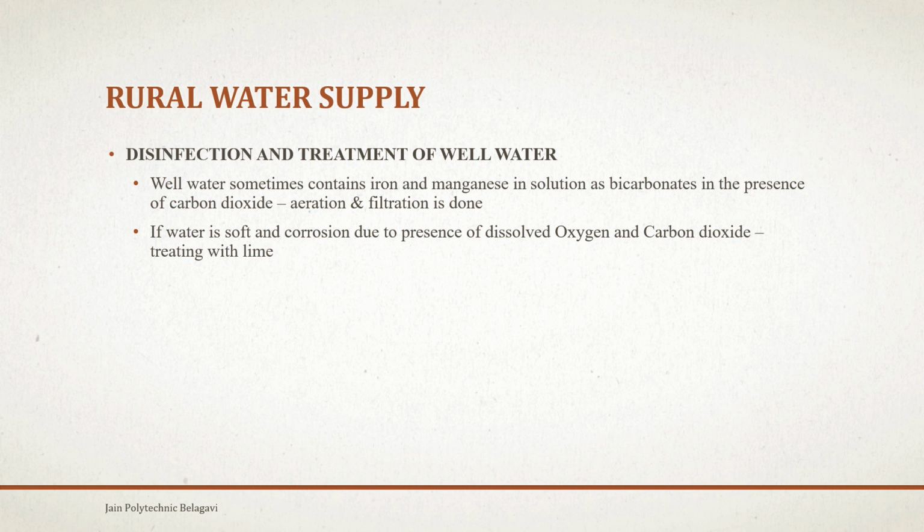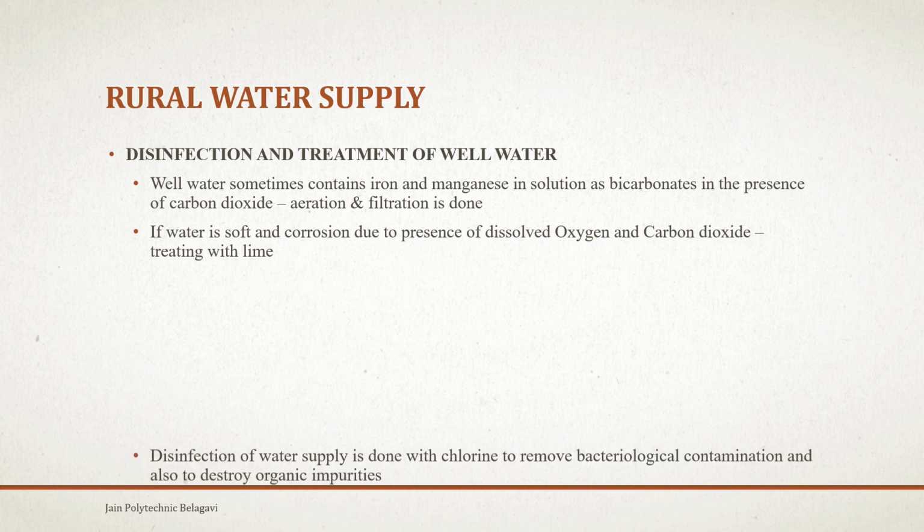Otherwise, the material reacting with water produces calcium bicarbonate, which is hard water. So before that we separate the calcium carbonate from the water, which helps in reduction in corrosion of any type of materials.